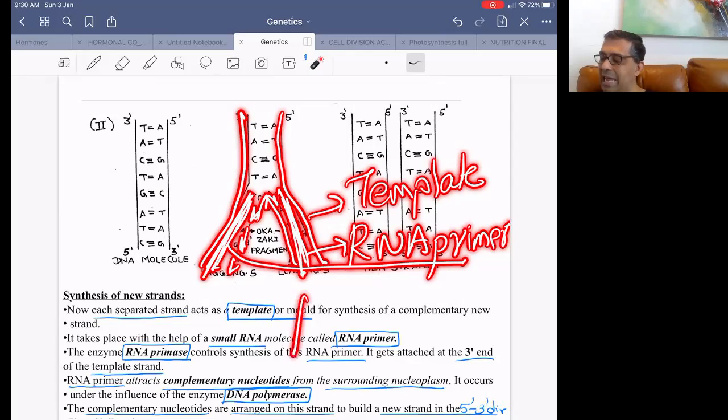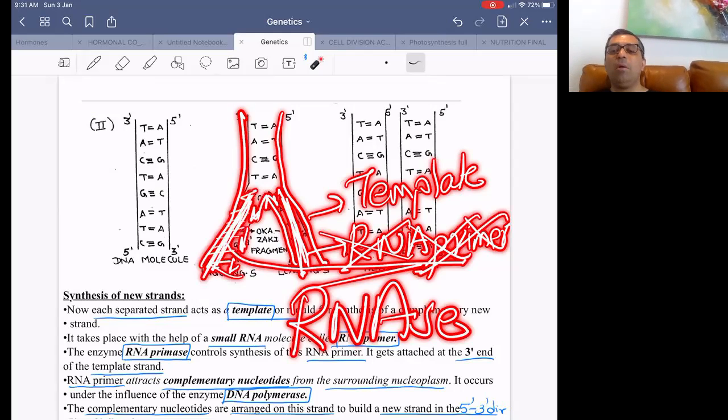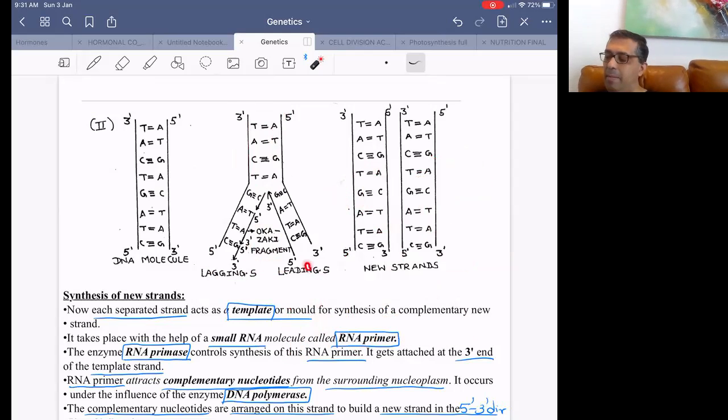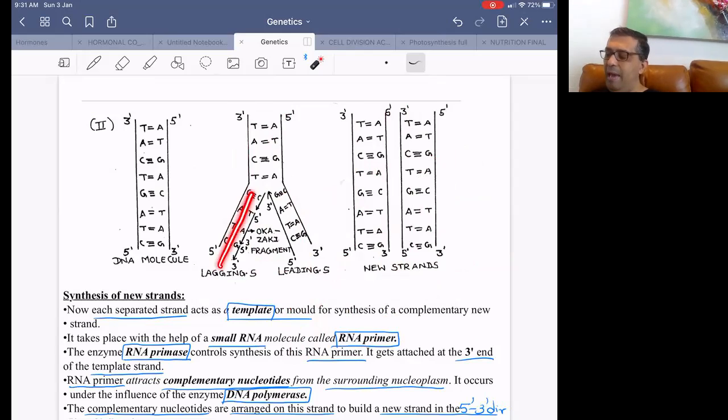So an enzyme called RNase will come and break down the RNA primer molecule. RNase will remove the RNA primer molecule. And once the RNA primer molecule is removed by RNase, both strands come close to each other, and hydrogen bonds form between them.